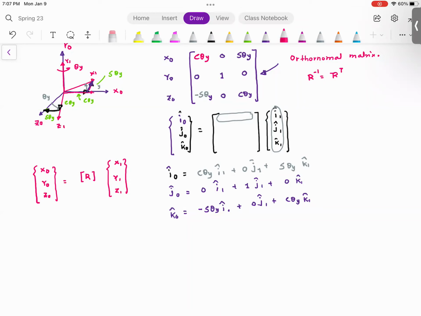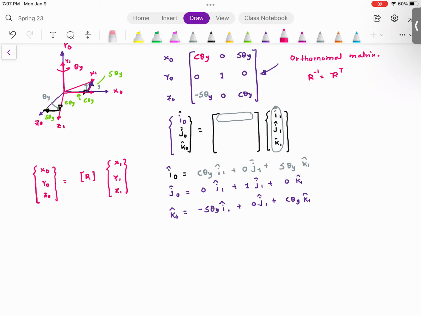Which means what I have done is I have expressed i0 as components of i1, j1, k1, j0 as components of i1, j1, k1, and k0 as components of i1, j1, k1. Now I want to flip it. So what I want to do is take this R matrix to the other side. So what I have to do is pre-multiply by R inverse.